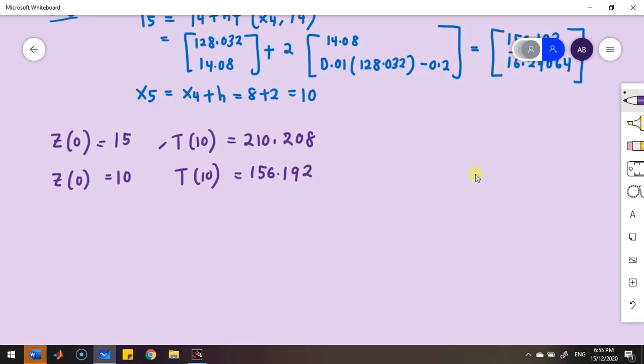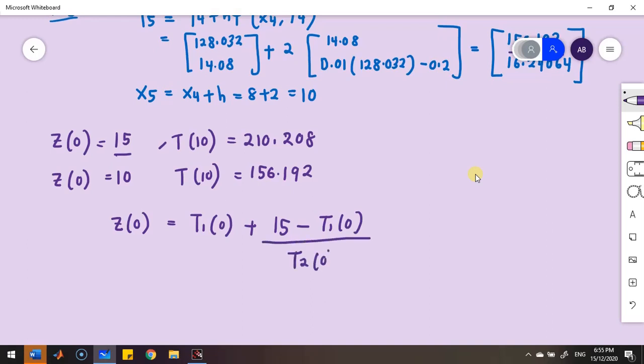Z0, the initial, can be obtained by T10 plus 15 minus T10 over T210 multiplied with T20.